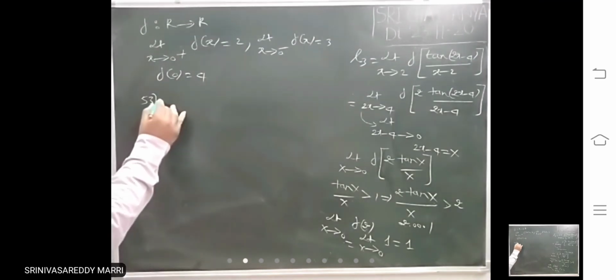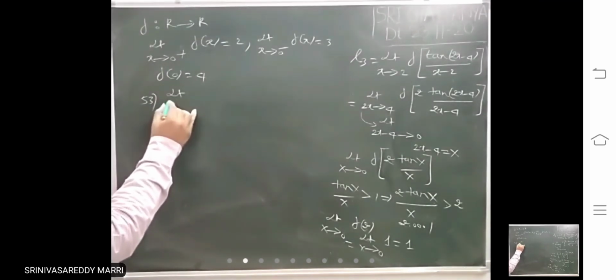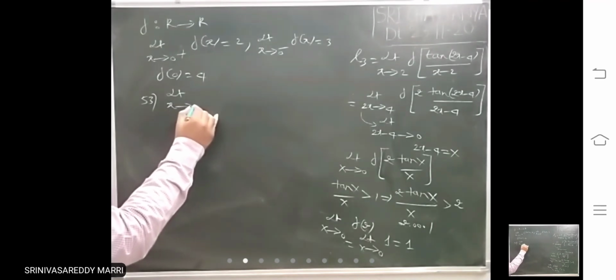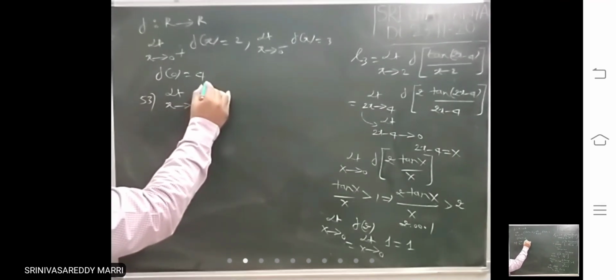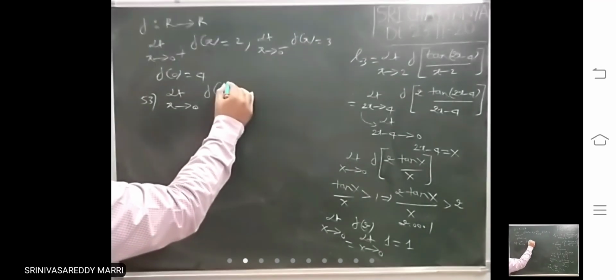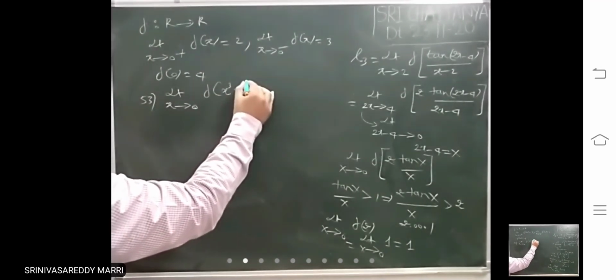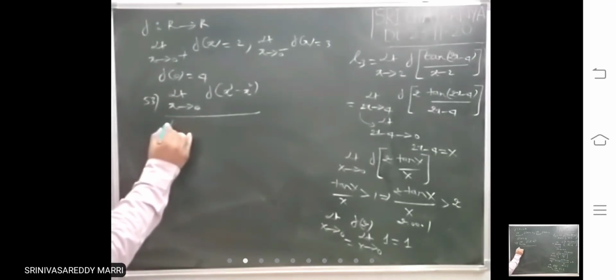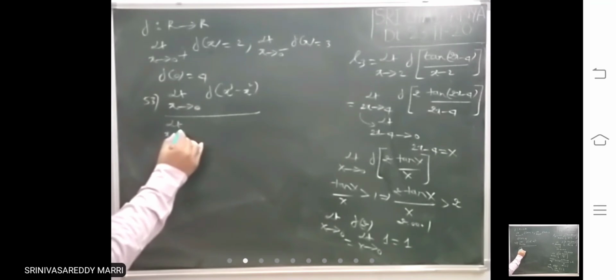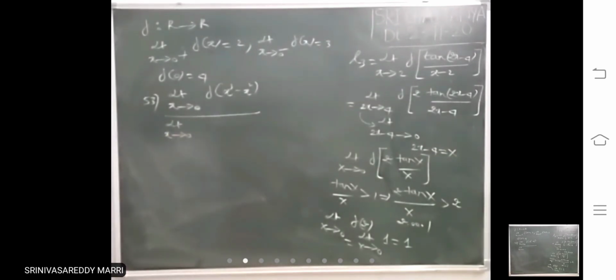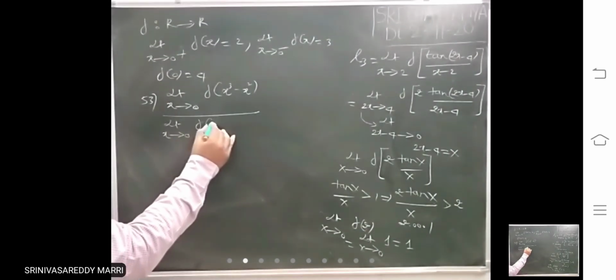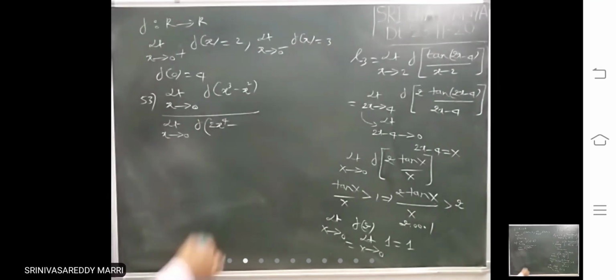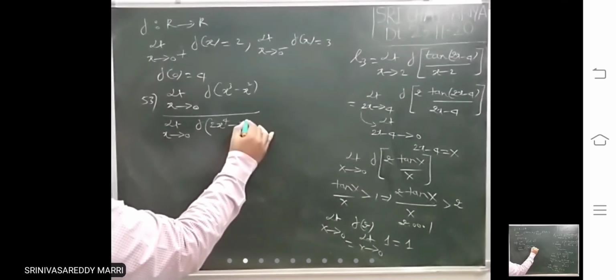Now what he is asking is, limit x tends to 0, f of x cube minus x square, divided by limit x tends to 0, f of 2x power 4 minus x power 5.